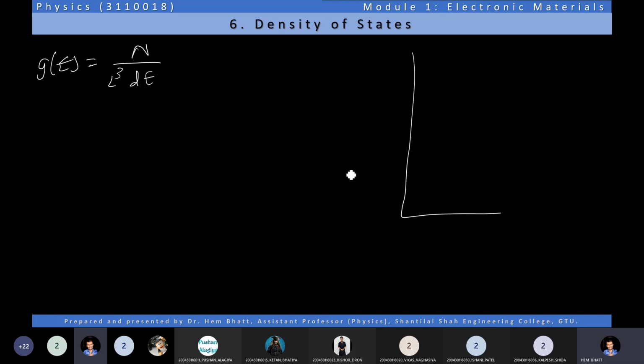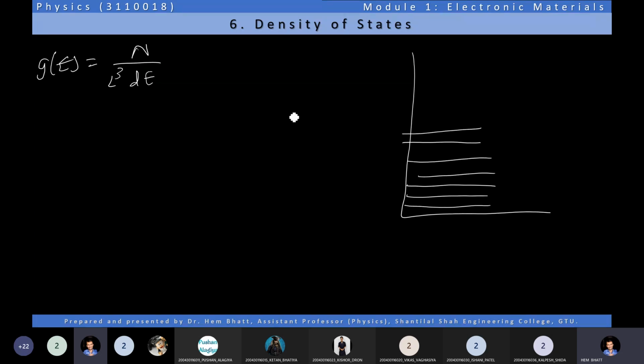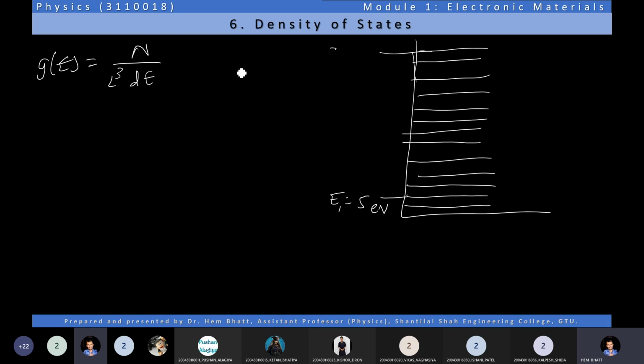Okay, so if I have so many energy levels, in any substance there are many energy levels, right? So in which energy level will you talk about number density? Suppose I have energy ranging from say 5 eV to 25 eV, what I am talking about is the electron occupancy here, say 13 eV to 14 eV. I want to know the energy density in this and how many electrons are in it.